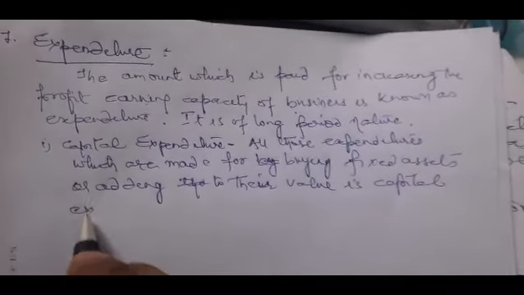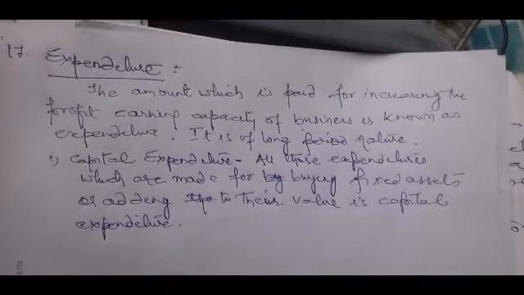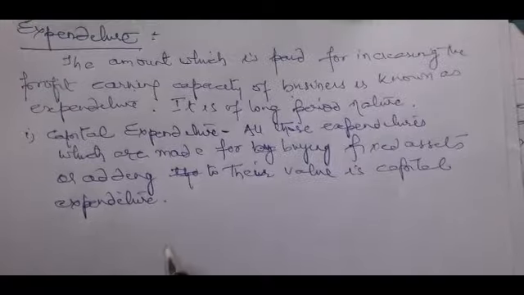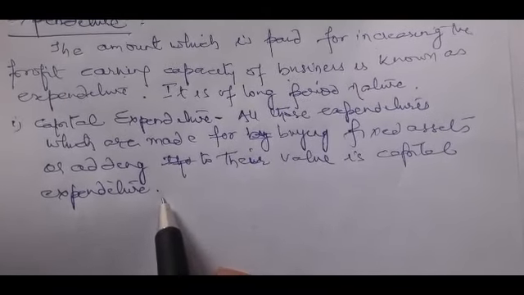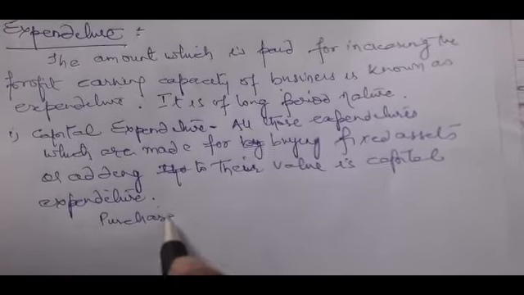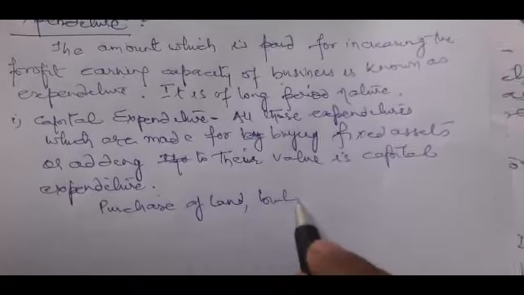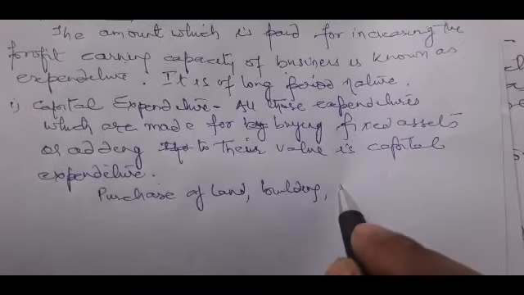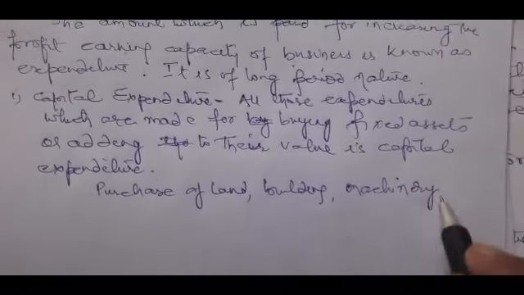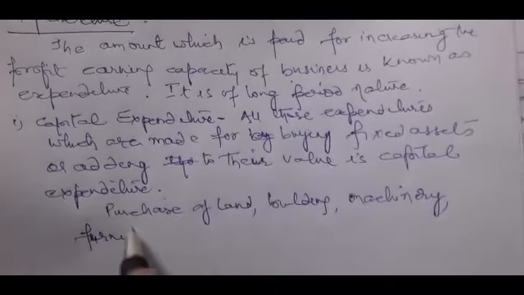The expenditure done on acquiring fixed assets or adding to the value of the fixed assets is known as capital expenditure. Examples are purchase of land, purchase of building, purchase of machinery, addition to machinery, purchase of furniture, etc.